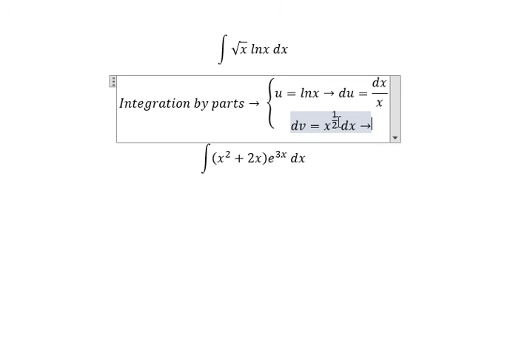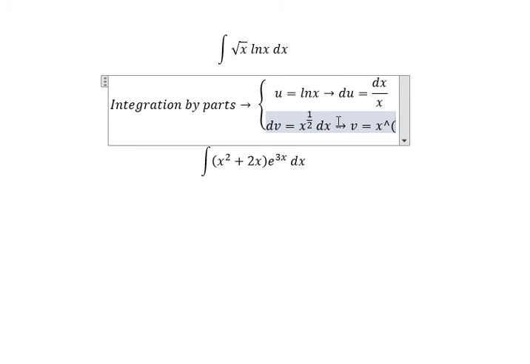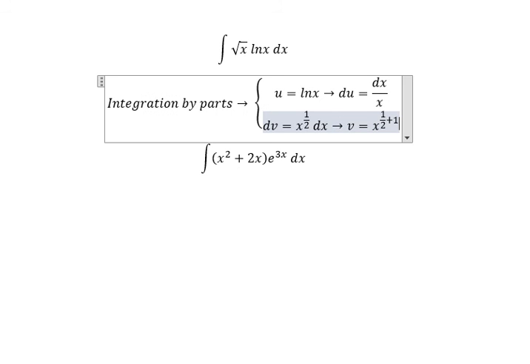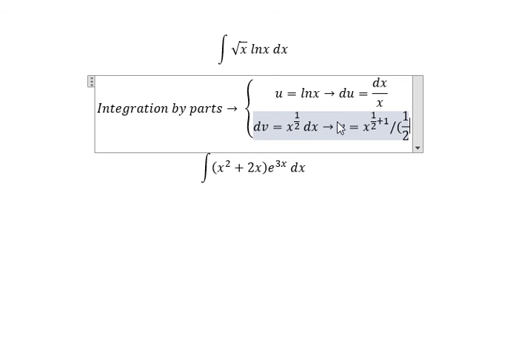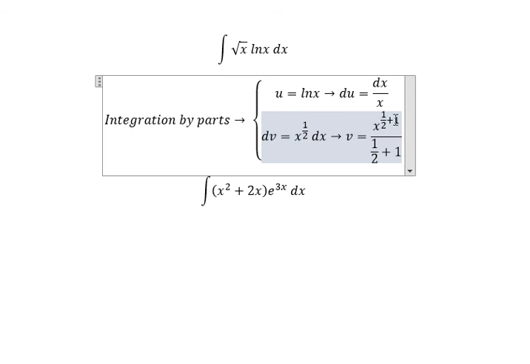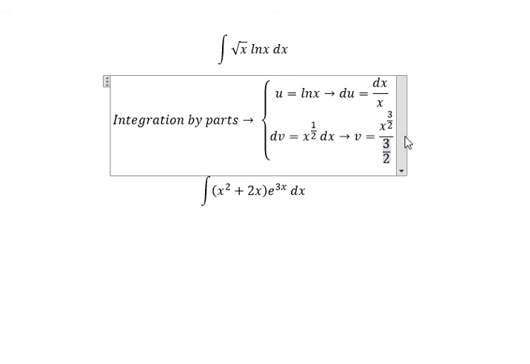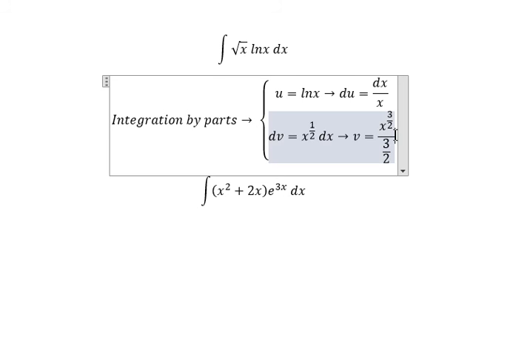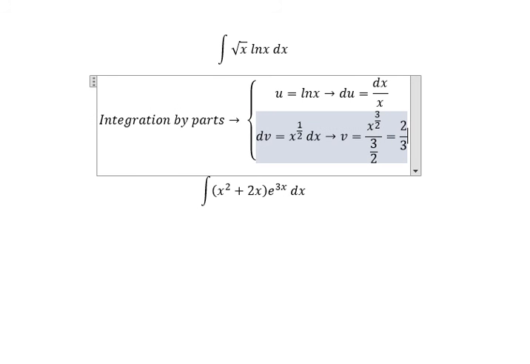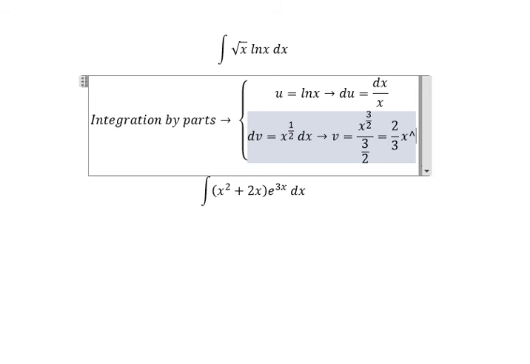So we got v equals s to the power of 1 over 2 plus 1 over 1 over 2 plus 1. So this one we got 3 over 2. This one we got 3 over 2. So we change into 2 over 3 s to the power of 3 over 2.